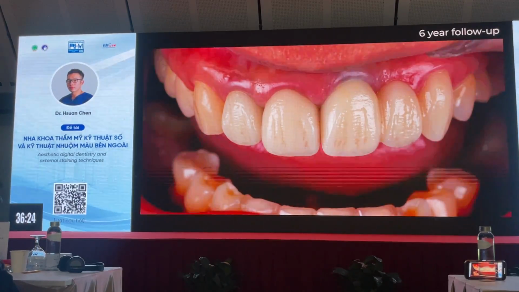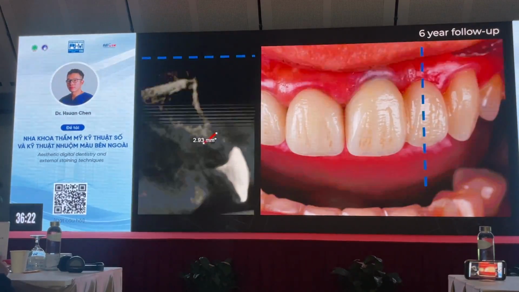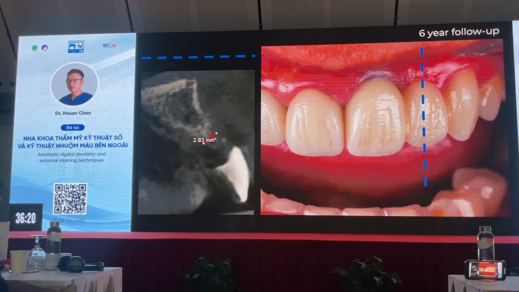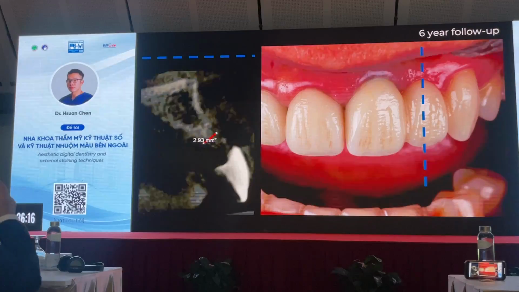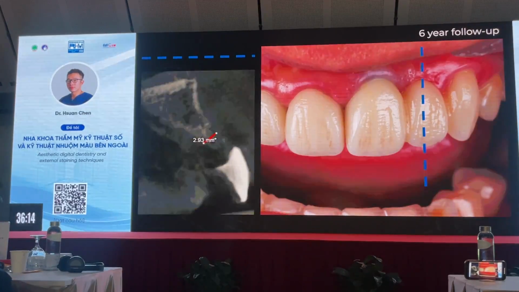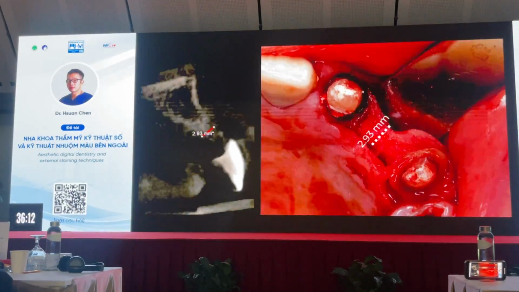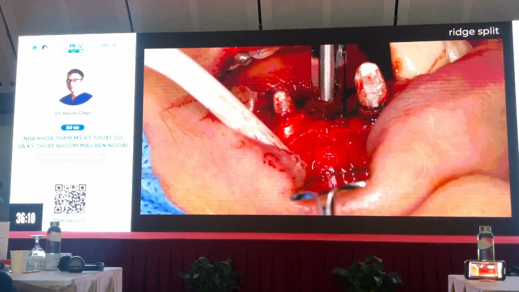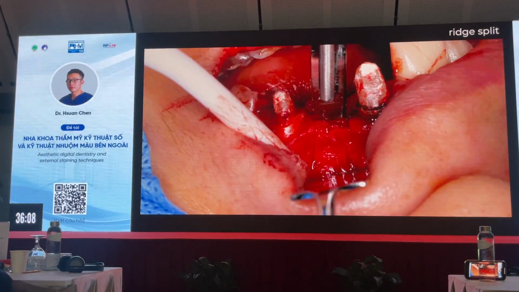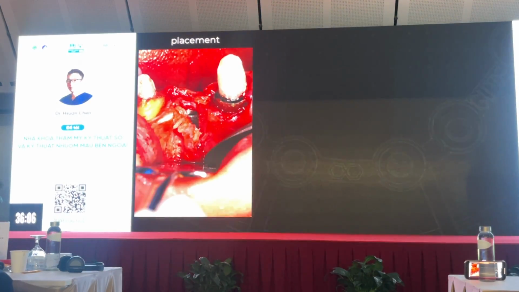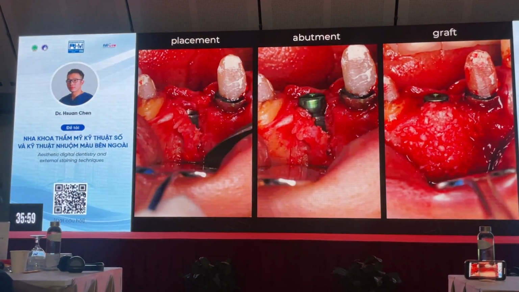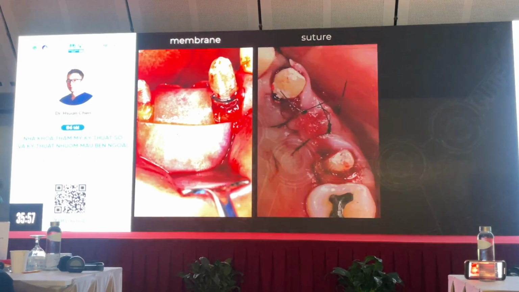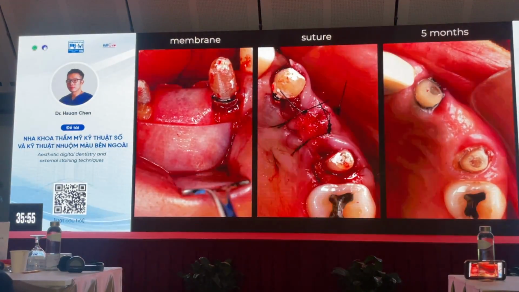So for this case, typically we have a lot of very thin ridges for Asian female patients in Taiwan. And so we open it up, and this is not the focus today, but basically we did an open book ridge splitting procedure, and then did the grafting. So then I grafted it up, sutured it up, and this is what we get.